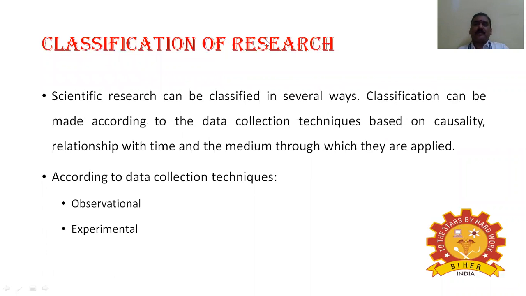Next I'm coming to the classification of research. Scientific research can be classified in several ways. The classification can be made according to the data collection techniques, based on causality, the relationship with time, and the medium through which they are applied.